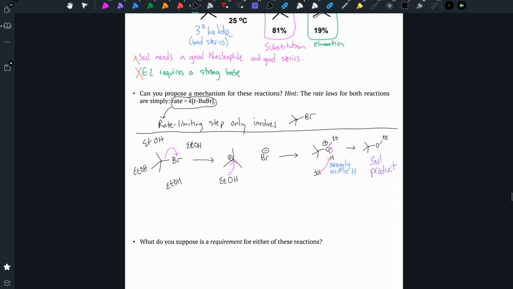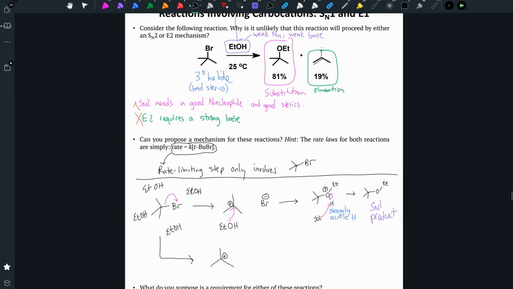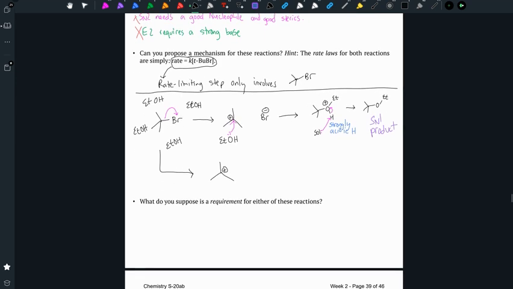Similarly, when I form a carbocation, there are solvent molecules all the way around. The neighboring carbons also have hydrogens that become somewhat acidic.